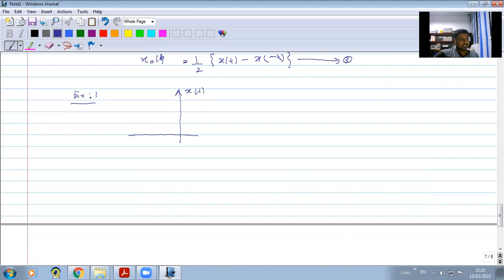The x(t) signal is like this. Let's say this is 1, and let's say this is 2. These are the time values, and this is the amplitude of the signal. So x(t) is here. We are asked, for the given x(t), to find the even component and odd component. So how to find this?